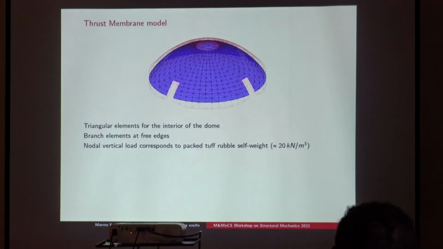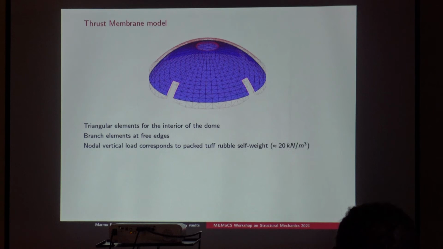This is the thrust model. It is composed of triangular elements for the inner part of the vault, and then the edge of the openings is modeled by branch elements, because usually we expect to have higher stresses on these edges, and so this is modeled by branch elements just on the free edges.